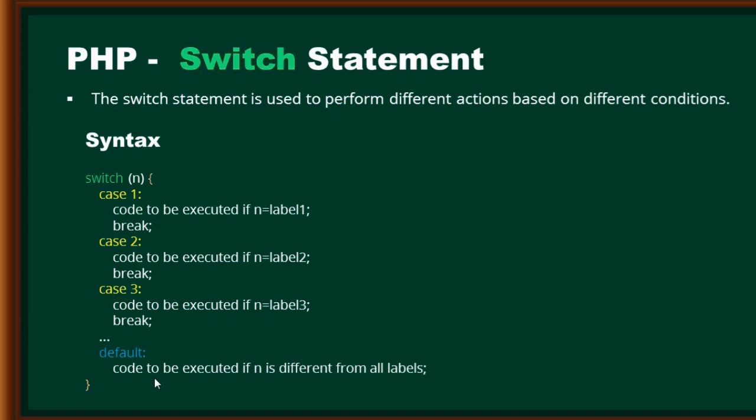You can notice I've got break here, break and break. You use the break to prevent the code from running into the next case automatically. And the default statement, which is this one here, is used if no match is found.